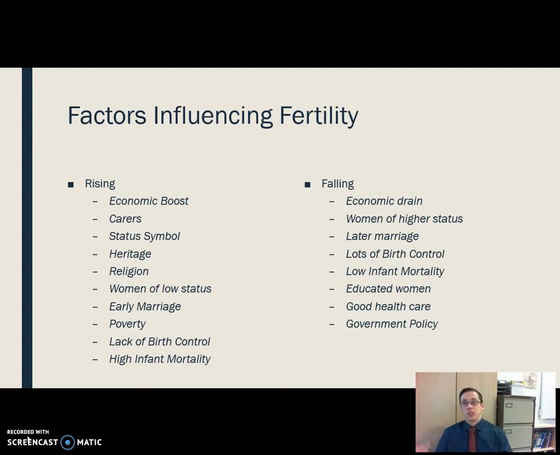Women of higher status, later marriage, having access to birth control, a lower infant mortality rate. All of these things are just the flip side of what I've mentioned earlier. Having educated women ties into the later marriage, women of higher status side of things. If women are given education, they will tend to have their first and subsequent children later in life, because frankly they are focusing on getting an education, getting into a career, and benefiting their own career goals before they start to look at having children.